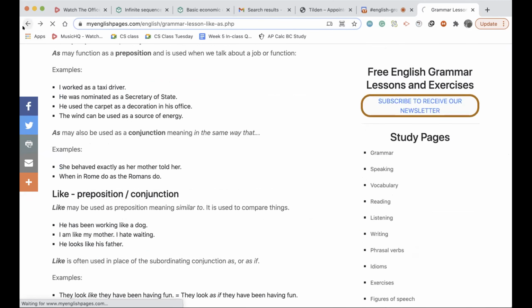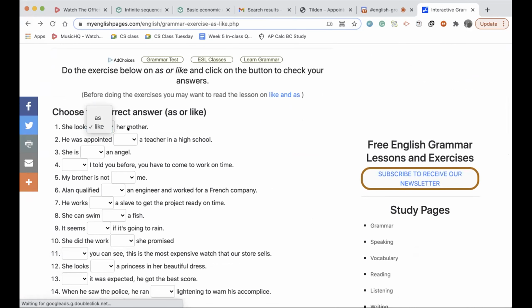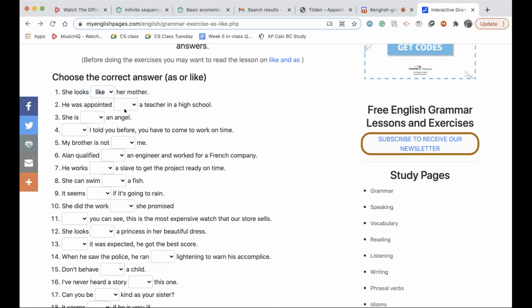So if we go back, she looks blank her mother, like would be the correct one. He was appointed, so for a job, right? You would use as. Comparing something, she's comparing this girl to an angel, so like. Blank, I told you before.